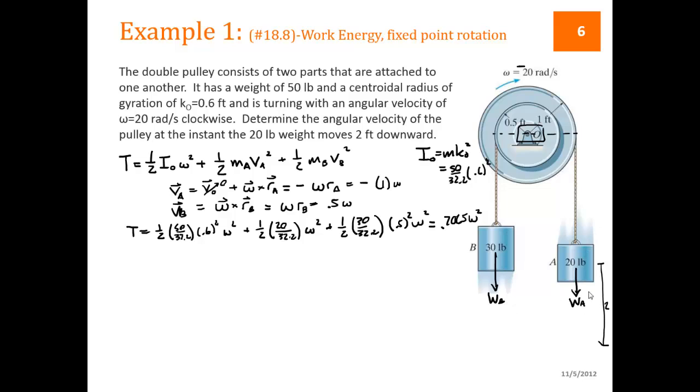WA, since this is moving downwards, is going to do positive work, and WB is going to do negative work. So our work, 1 to 2, is going to equal WA doing positive work, so WA times the distance block A moves, minus WB doing negative work times the distance that block B moves.